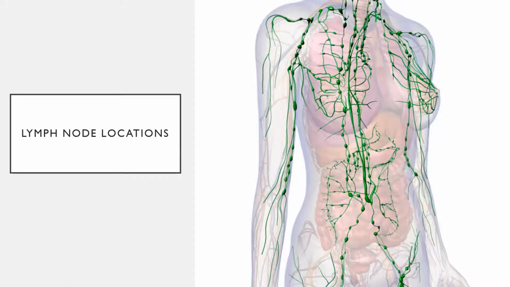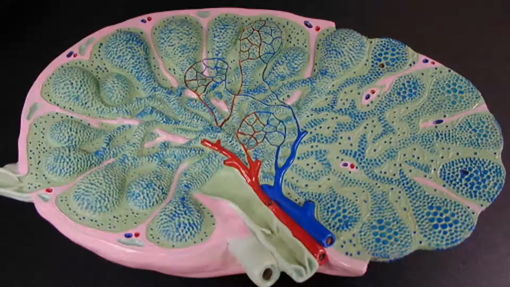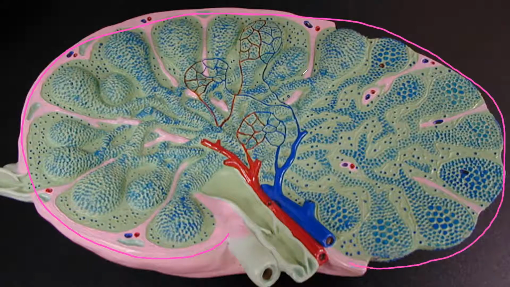But what is the structure of the lymph node and how can the lymph node filter the lymph for us? This is the macroscopic view of the lymph node. Our lymph node has different parts. As you see in this picture, we have a pink part for our lymph node, which we call the capsule of the lymph node.